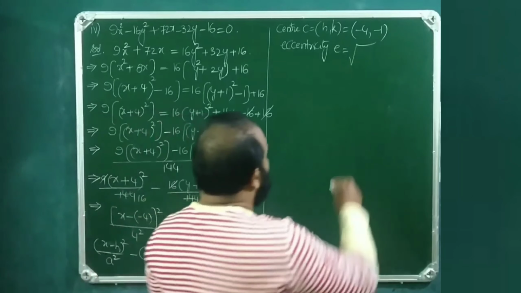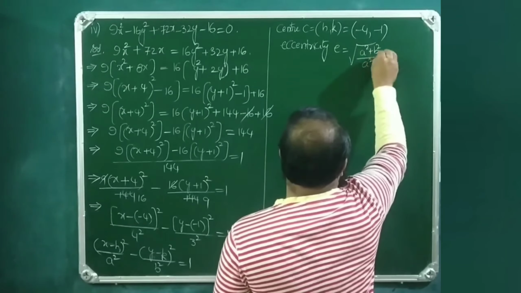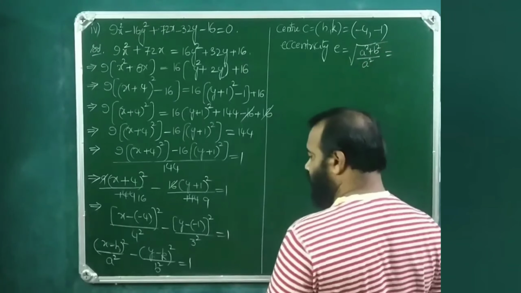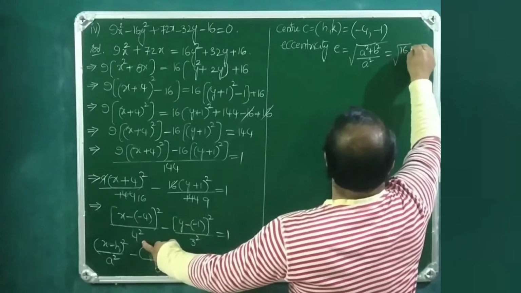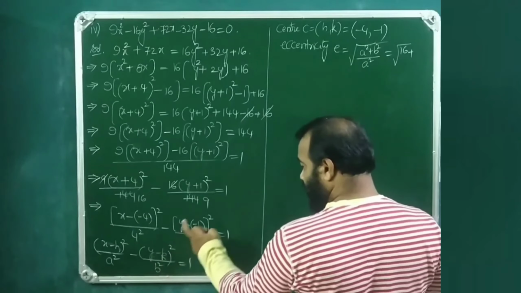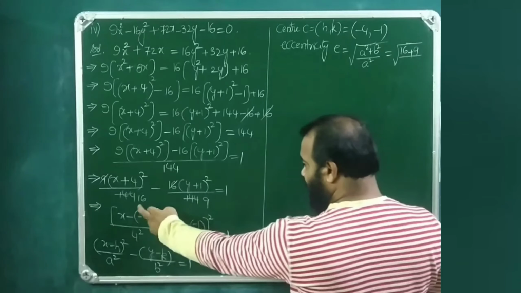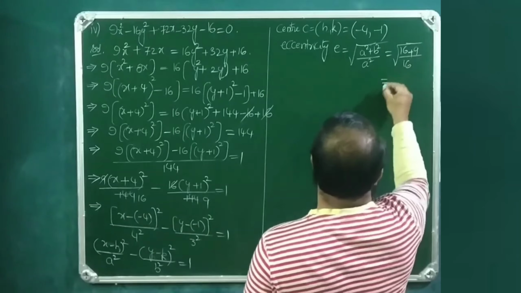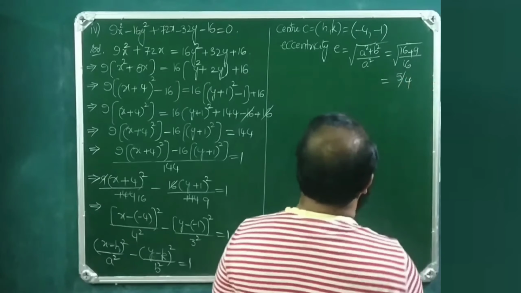So a square is 16 plus b square is 9, by a square is 16. So this is equal to root 25 is 5, root 16 is 4.